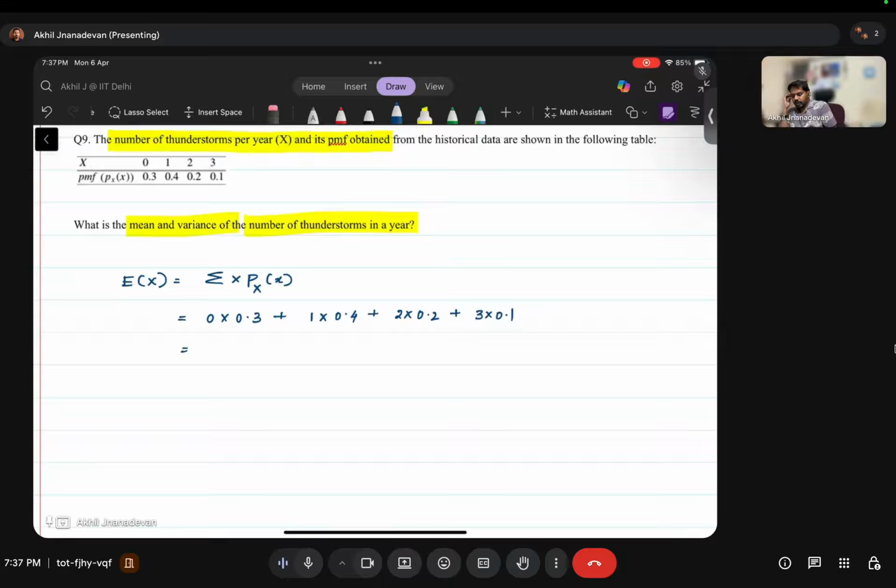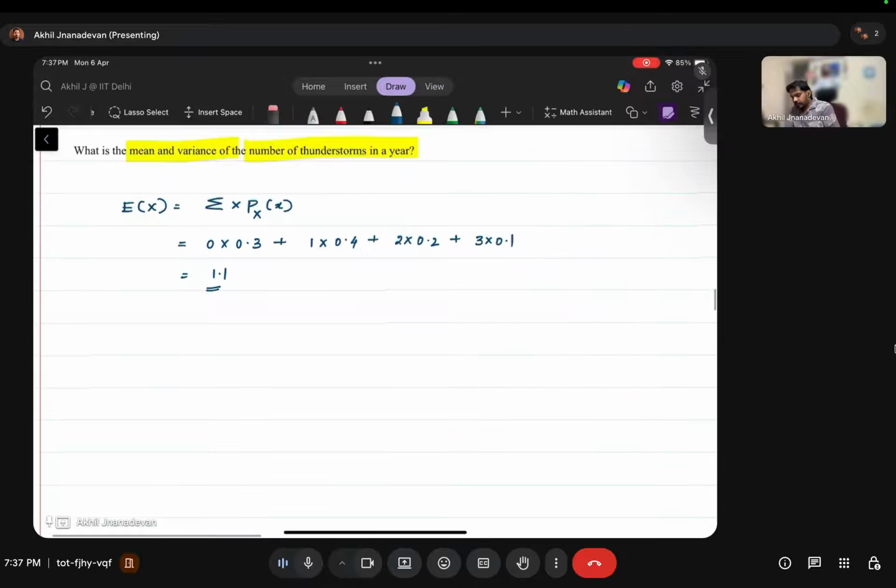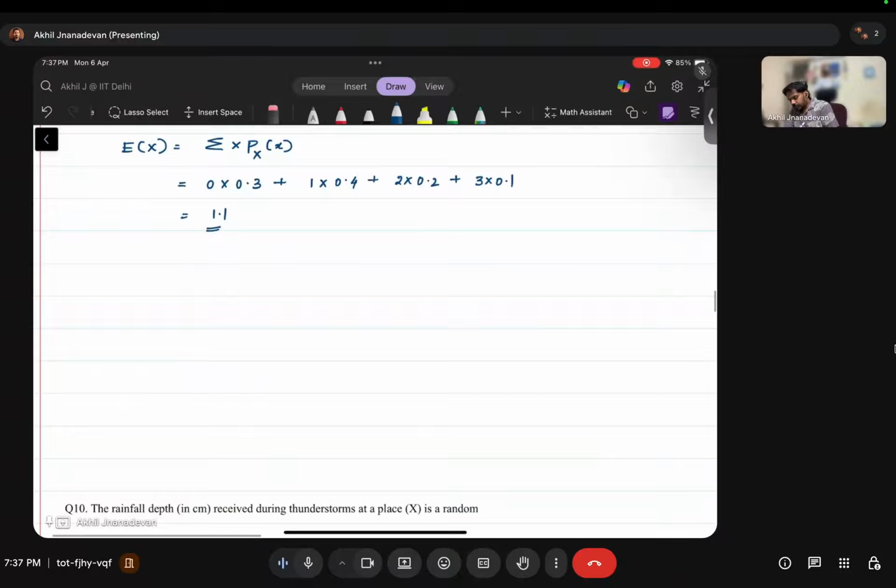That comes to around 1.1. So 1.1 thunderstorms per year. That is the mean, the expectation of the number of thunderstorms per year. And the variance for this can be calculated if the PMF is given.